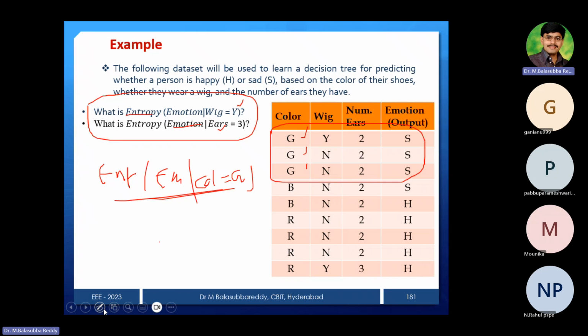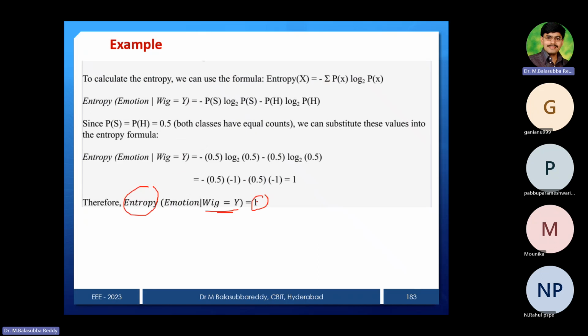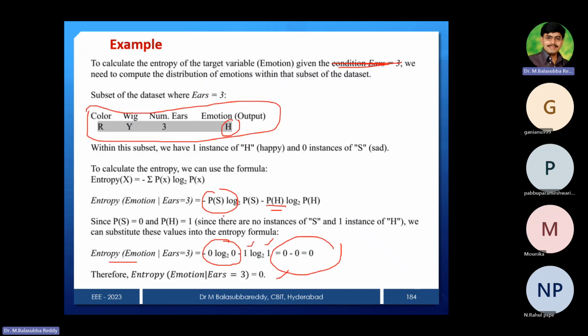Now we have to calculate the positive class and negative class. All the three we are getting as sad only. So according to this, only one case is available, that is only sad. Earlier it was 0 sad, and only happy was there, 1 by 1. So now it will be 3 by 3, that is equal to 1 only, so your answer is 0.